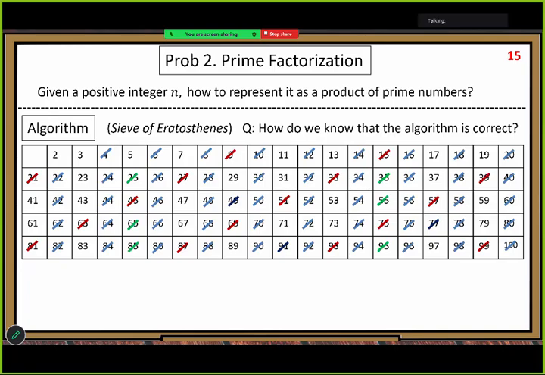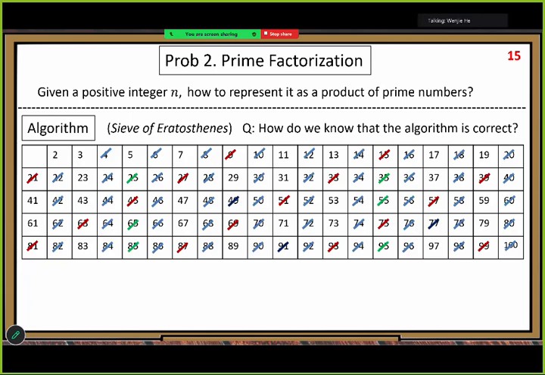When we want to check if this algorithm is correct, first, we want to make sure that after 4 rounds of eliminations, all the composite numbers are eliminated. That's the first thing we want to make sure.